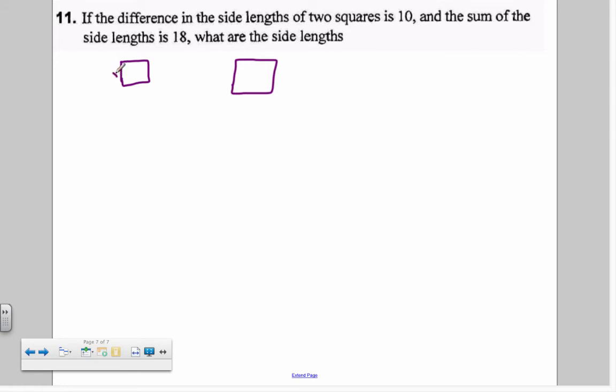Well, let's make one side length x and one side length y. And because it's a square, all of the sides should be the same in each square. So without drawing a picture, I could say x is the side length of square 1, and y is the side length of square 2.